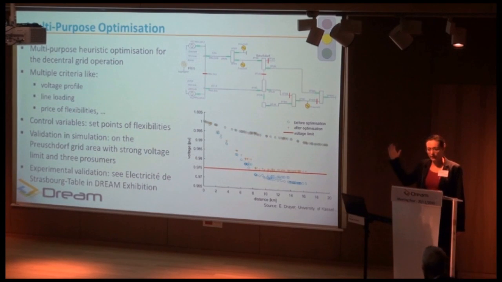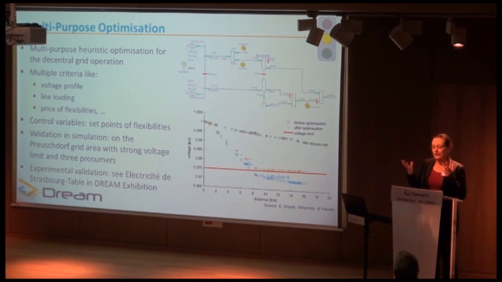But the amber phase is what we call a critical phase. The grid is still working correctly, but there are places where the situation is deteriorating, where we have voltage limits that are violated. And with this optimization, we can bring our grid back into a green state.